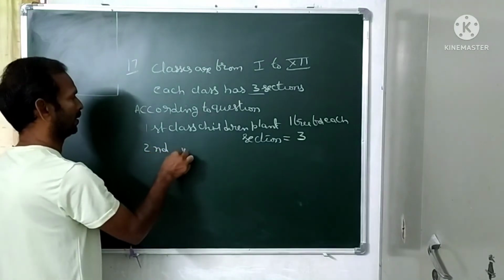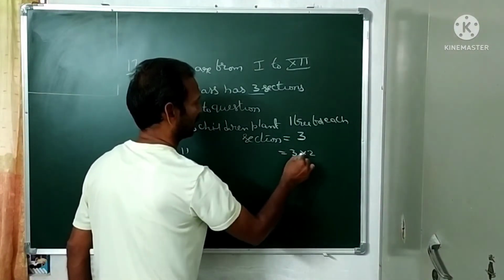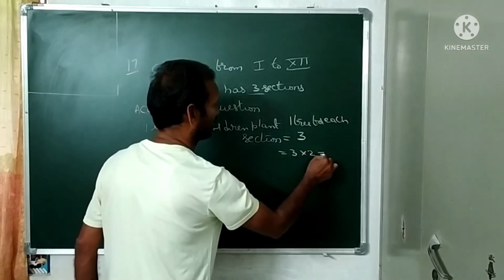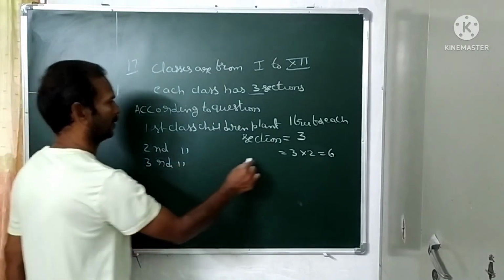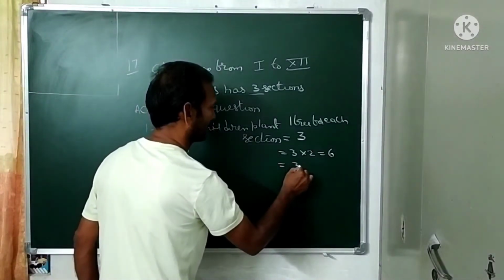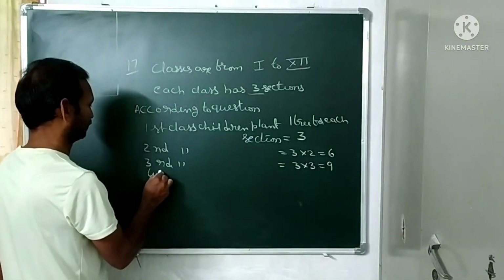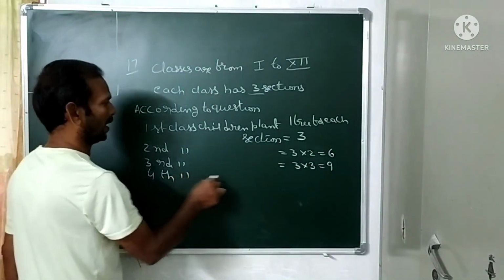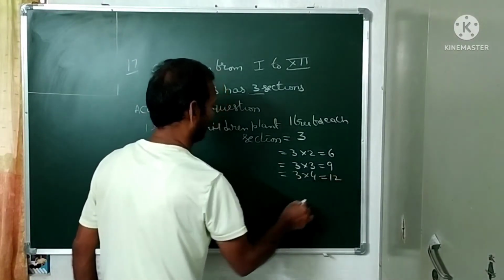Second class means 2 plants, 3 sections, 3 twos are 6. Third class, 3 sections, 3 plants: 9. Fourth class, 3 sections, 4 plants: 12.